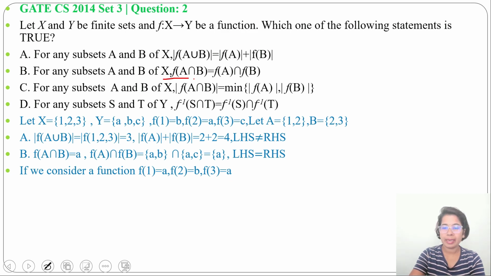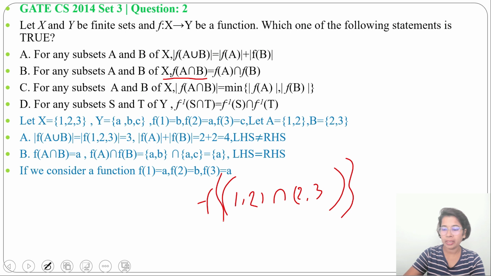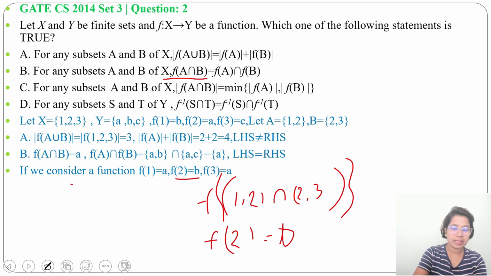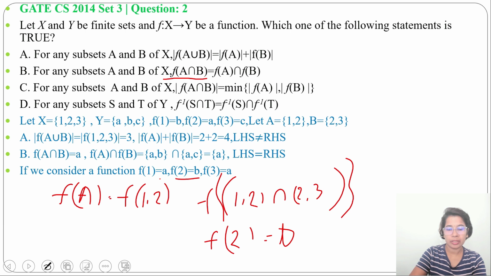Now let me find f(A ∩ B): {1, 2} ∩ {2, 3} is 2, and f(2) is B. The RHS is f(A): f(1) is A and f(2) is B, so we got {A, B}.